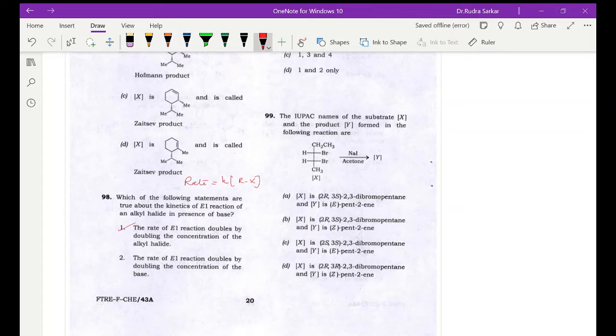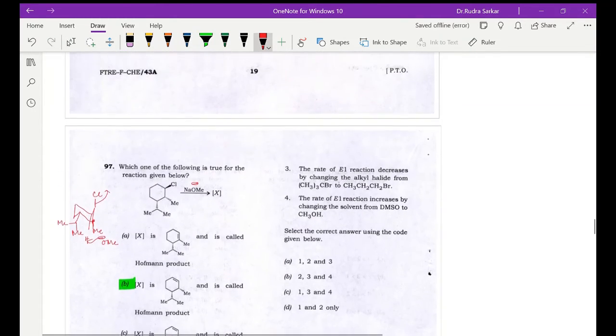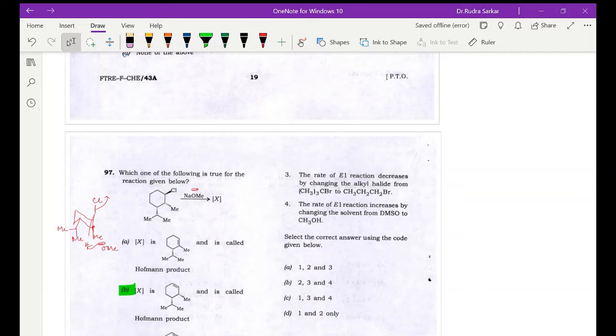Rate of the E1 reaction doubles by doubling the concentration of the base: it does not depend on the base. Rate of the reaction decreases by changing the alkyl halide from this to this. Yeah, elimination is possible better in a crowded carbon. So this is a 3-degree carbon, more crowding, more elimination. So if you go to this one, then the rate will be decreasing. So this is also true.